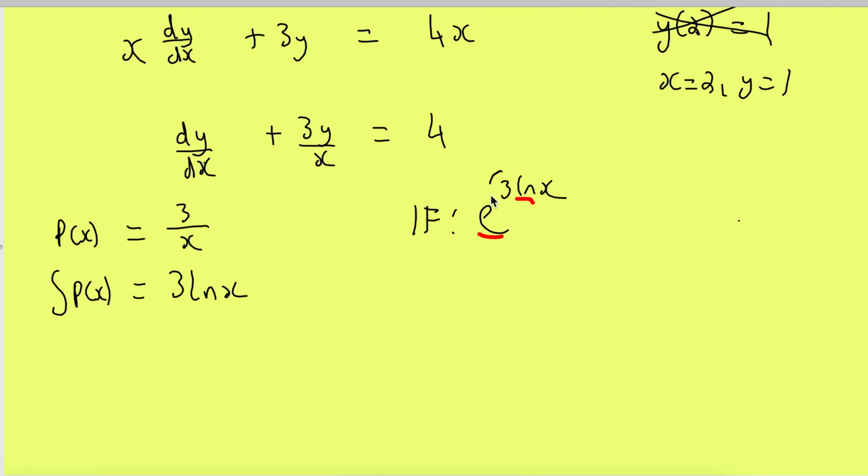So I'm going to use that same rule of logs and take that 3 and move it up to a power on my x. So it is e to the power of ln x cubed. And then that allows me to cancel off my e and my ln. So my integrating factor is just x cubed.